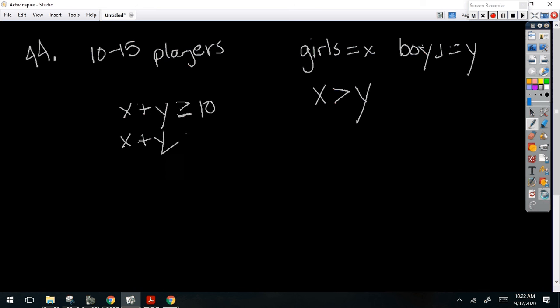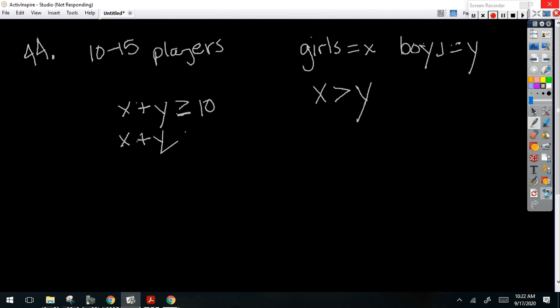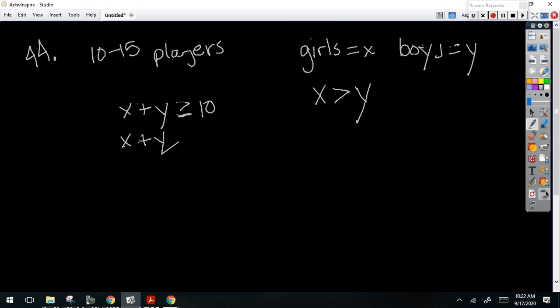Y is less than X. I'm going to go by fives again, but the line Y equals X is just a slope of 1 that goes through 0, 0, right? 10, 15. And so this is what the line Y is less than X looks like.